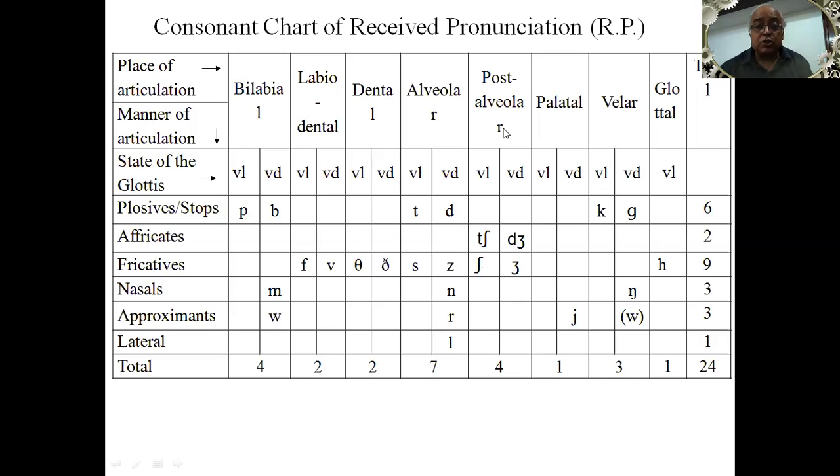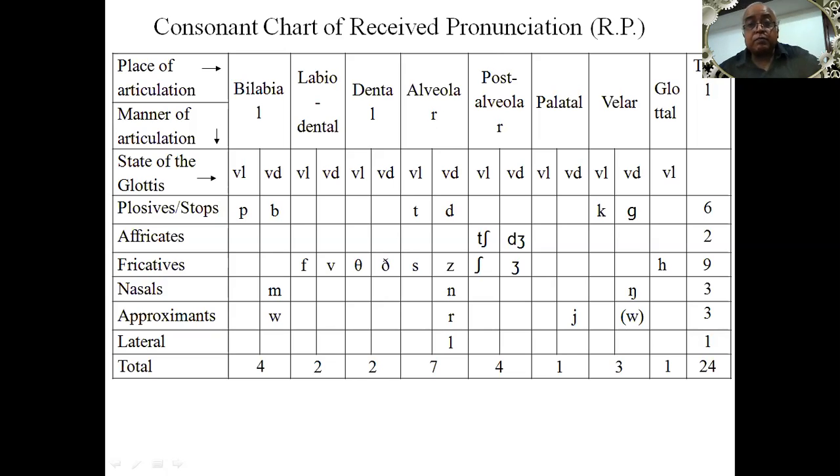So sh is a voiceless sound. The vocal cords are held apart from each other, and hence the state of the glottis, the first criterion, is voiceless. The place of articulation is post-alveolar. What did we say about this post-alveolar business?